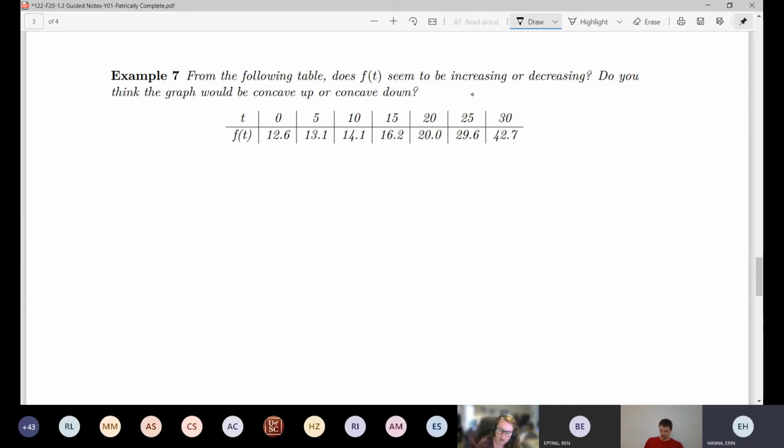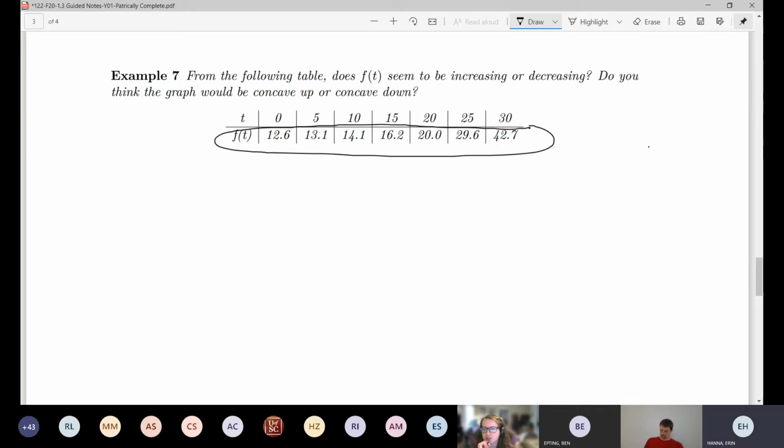Okay. Now, increasing or decreasing. If you think about what that means, you're either going up over time or going down over time, right? And it's in terms of the y values. Are the y values increasing or are the y values decreasing? So let's look at our y values here, our f of t.